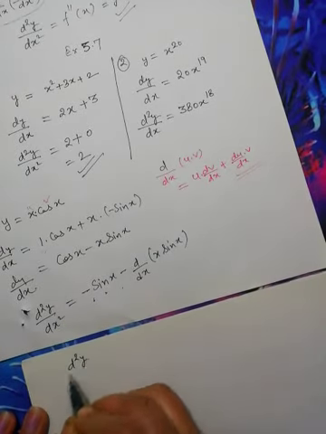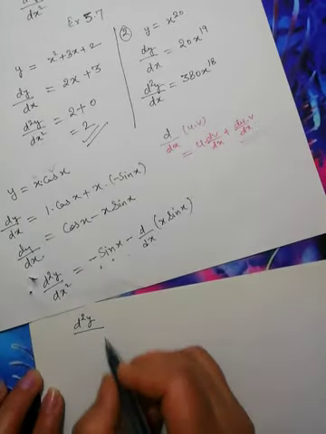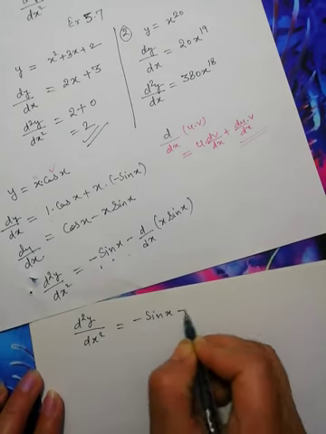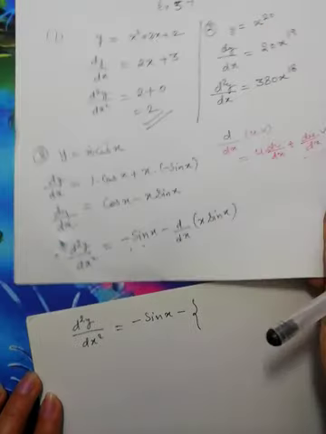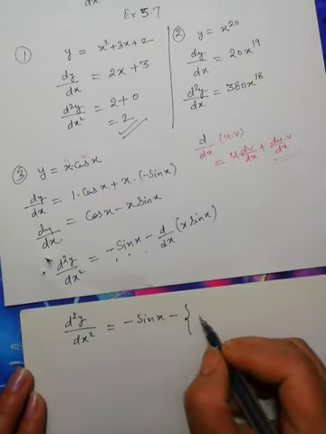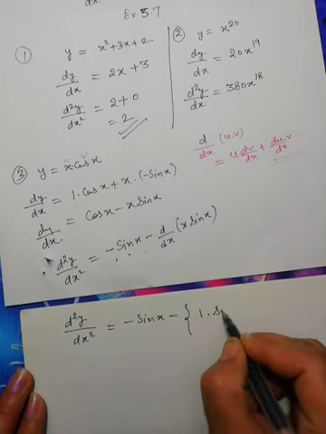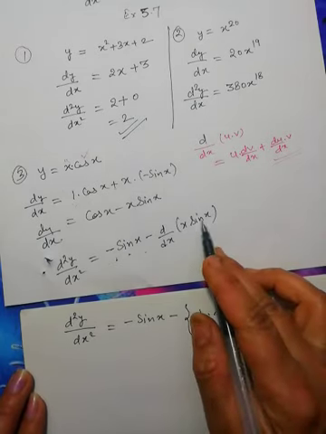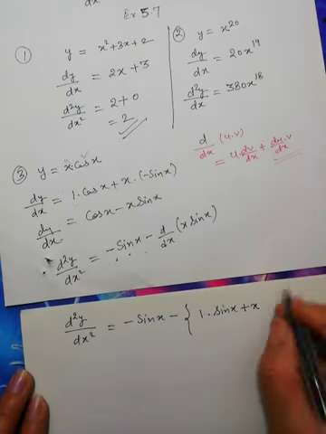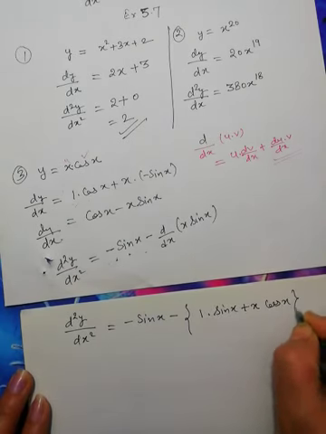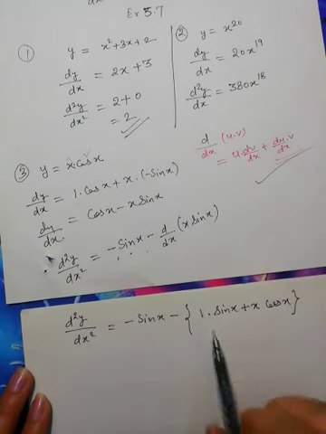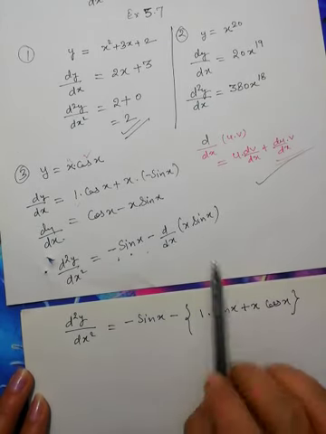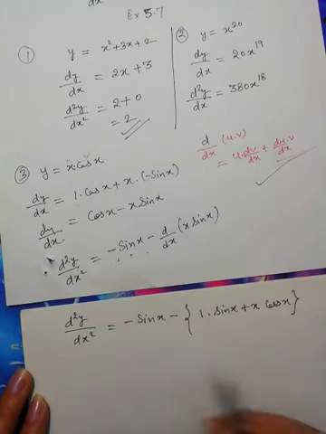So what do we get next? d2y upon dx square will be minus sin x minus d by dx of x sin x. Again I have used the product rule: derivative of x is 1, sin x as it is, plus x as it is, derivative of sin x is cos x.